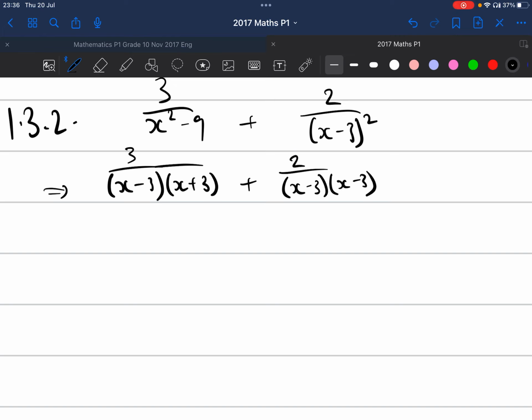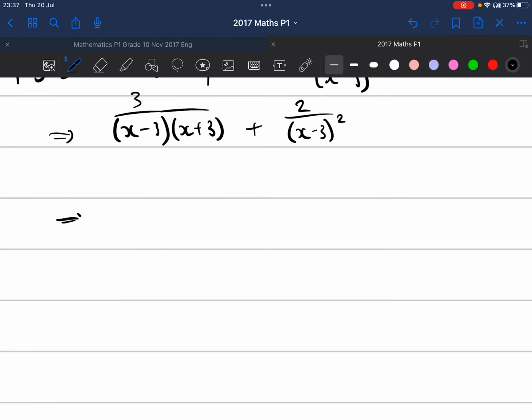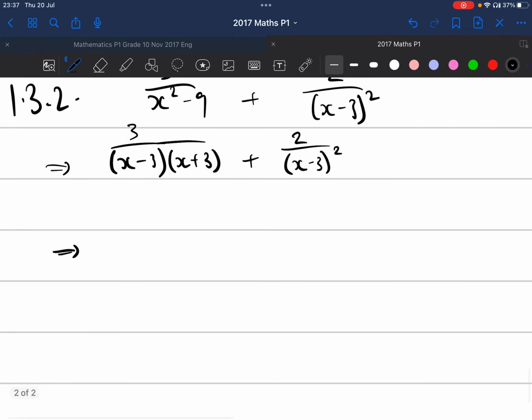We can just leave it as x minus 3 squared, or we can do it like that. It doesn't really matter. I think it'll be easier if we leave it as x minus 3 squared. Now how do we work around this? They don't have a common denominator, so we can't simply add 3 plus 2 and put some denominator there.